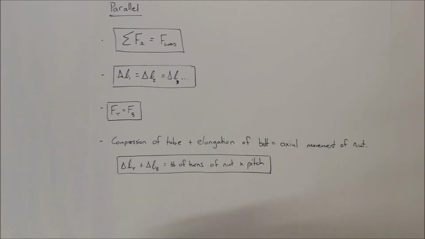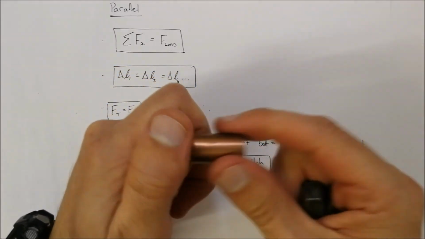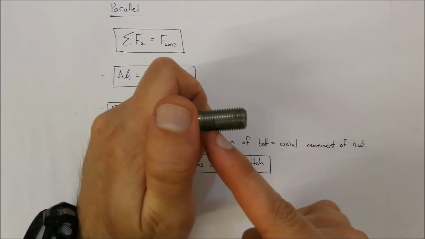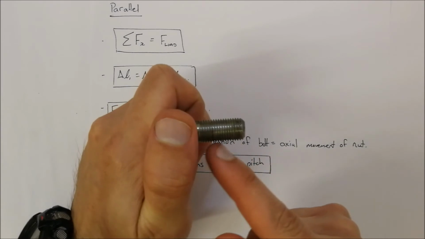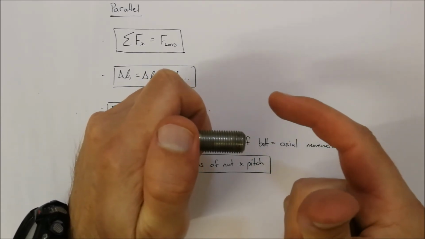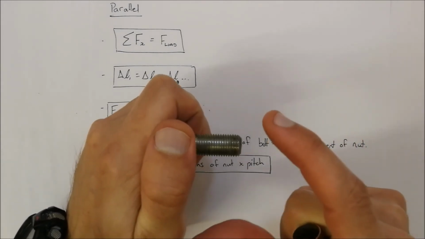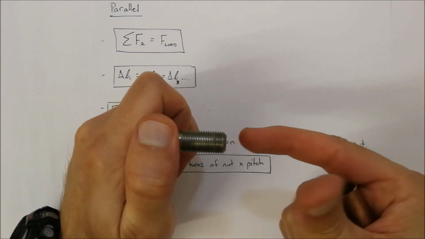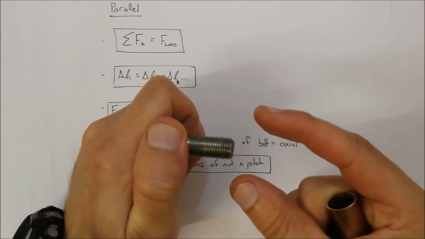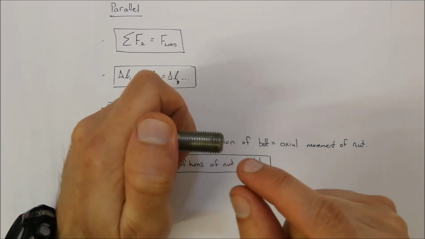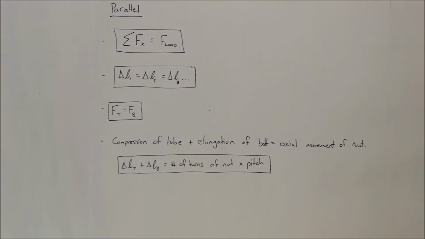If you have a look at this specific bolt, it's got a certain pitch, and if it had a finer pitch, you would have to turn the nut a lot more. If it had a rougher pitch, you would have to turn the nut much less. So that pitch also has an influence.